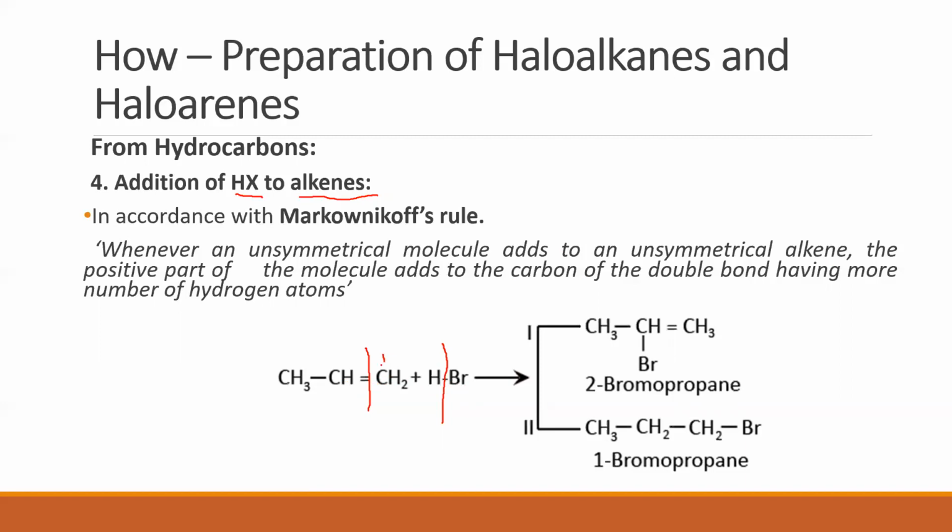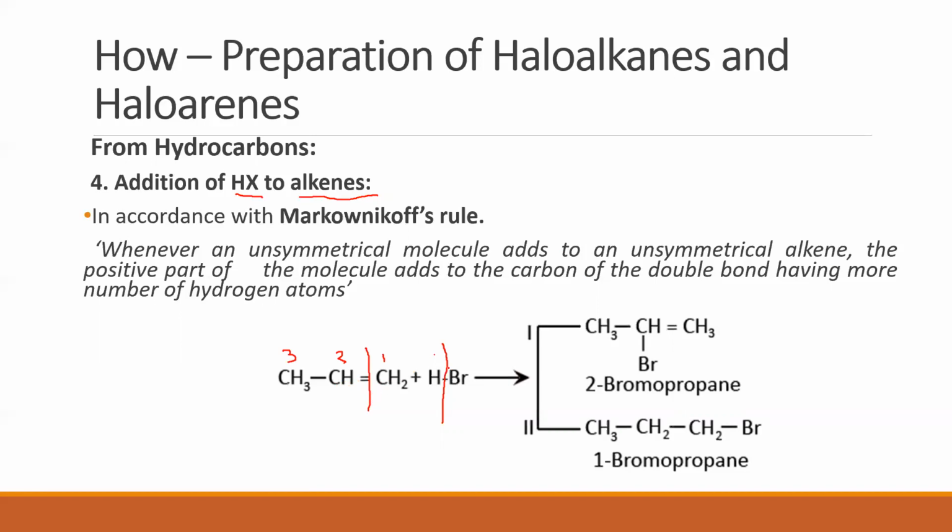Now, if I number this as carbon 1, 2, and 3, which are the carbons involving the double bond? 1 and 2. So the positive part, which is hydrogen, will add to the carbon of the double bond having more number of hydrogen atoms. Out of 1 and 2, which carbon has more number of hydrogens?